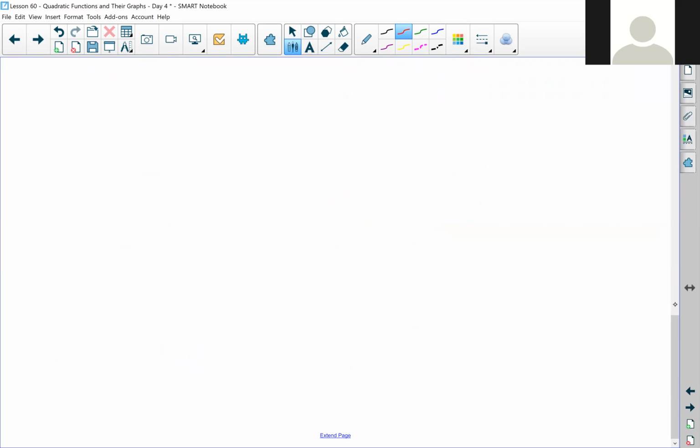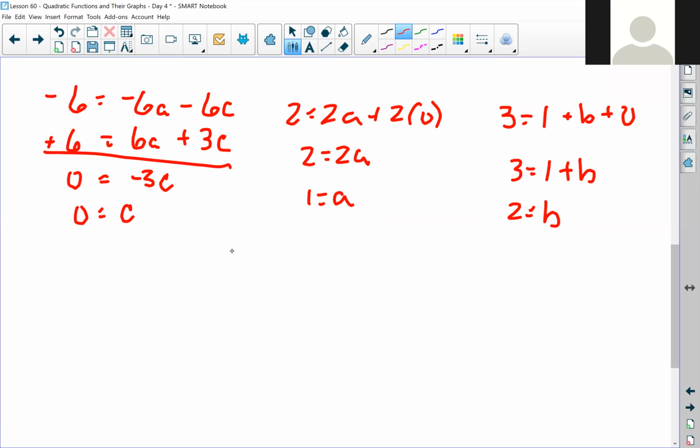So my equation ends up being 1x squared plus 2x plus 0. So I'm not even going to write the 0.